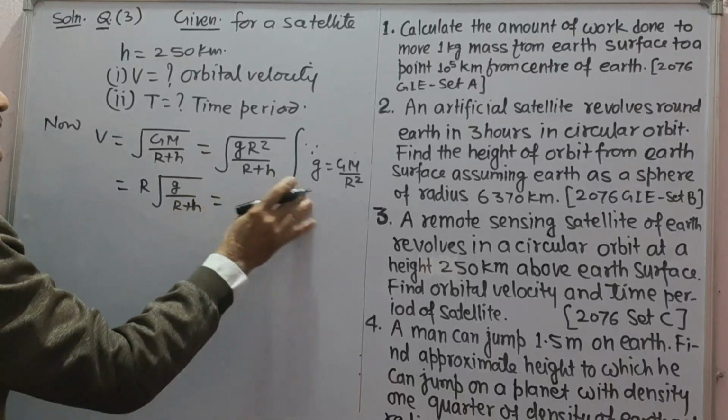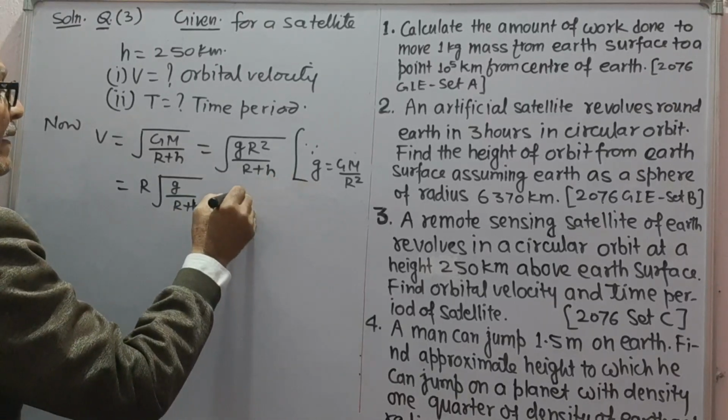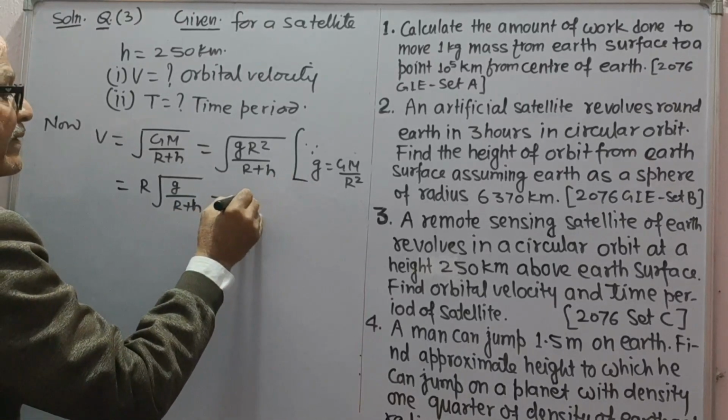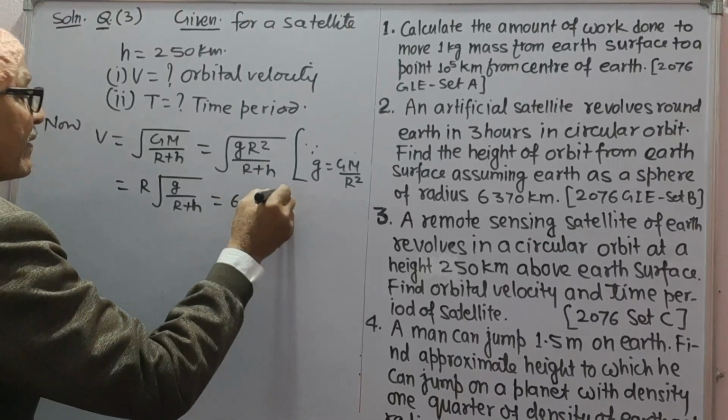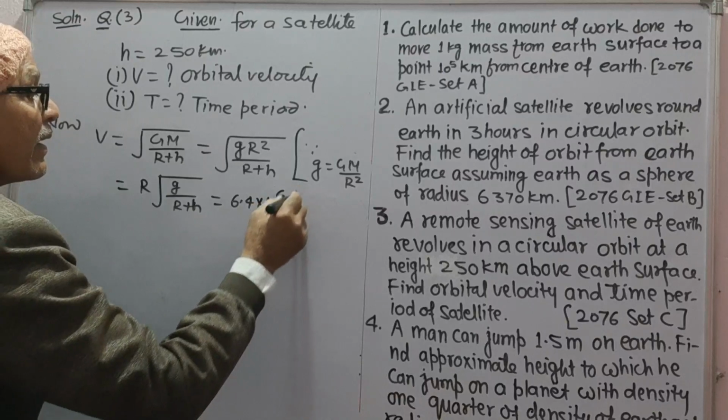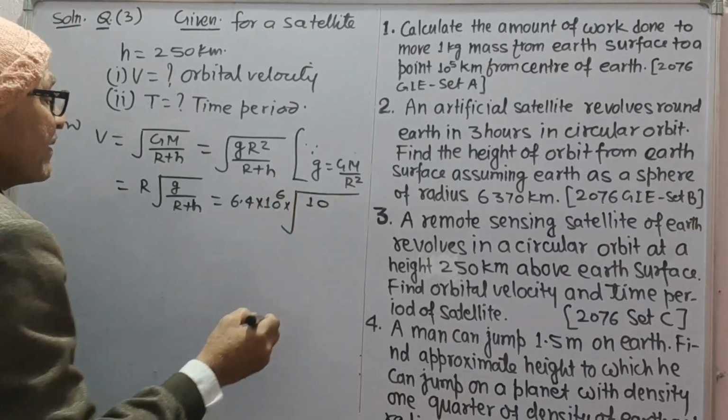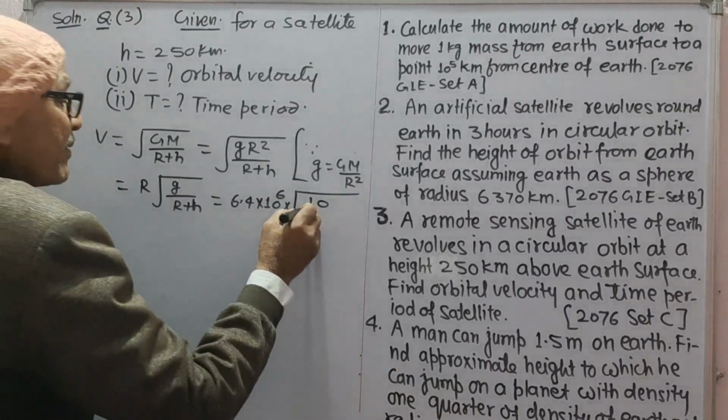Putting the corresponding values, we get R is 6.4 into 10 to power 6. g can be taken as 10.